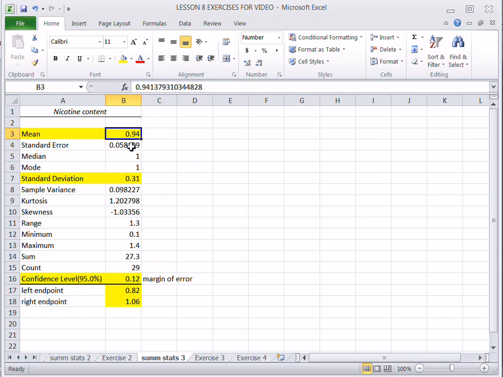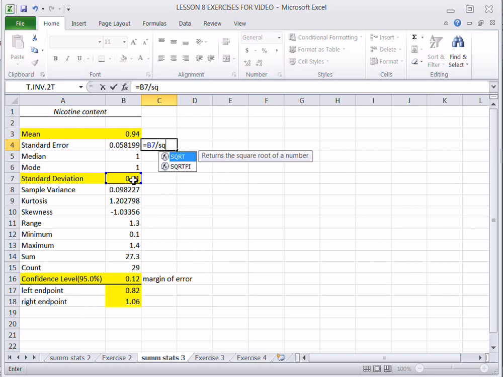All right, and this standard error then is the distribution of sample means. So the standard error is a distribution of sample means which is smaller than just the distribution of individual nicotine amounts. We divide by the square root of the sample size.